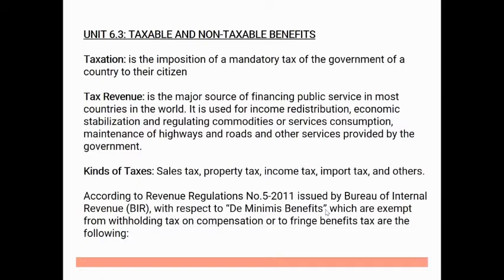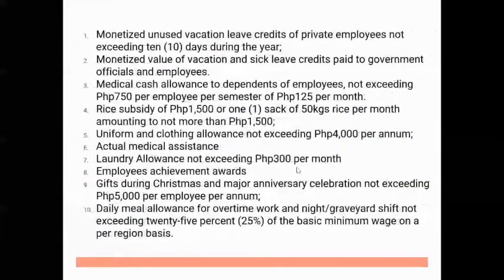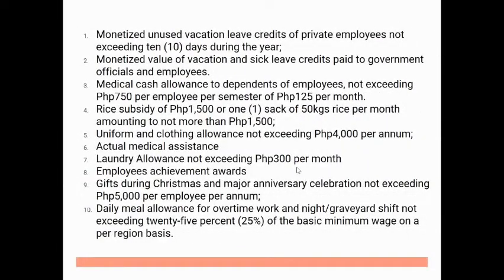According to Revenue Regulations number 5-2011 issued by the Bureau of Internal Revenue or BIR, the de minimis benefits which are exempted from withholding tax on compensation or from fringe benefit tax are the following. First, monetized unused vacation leave credits of private employees not exceeding 10 days during the year.